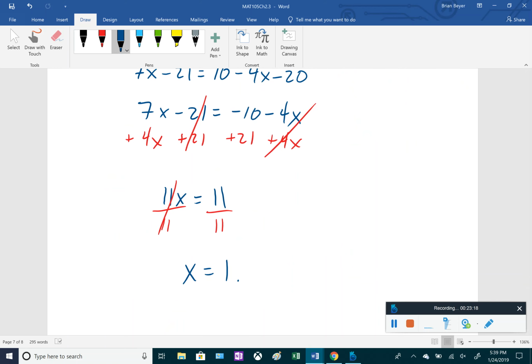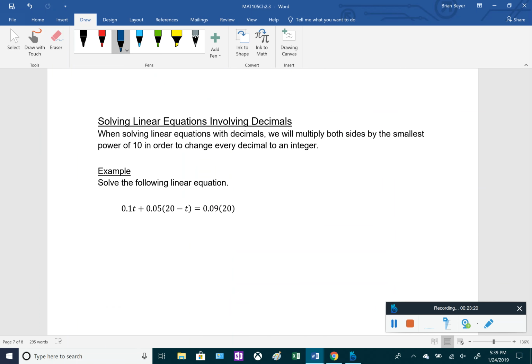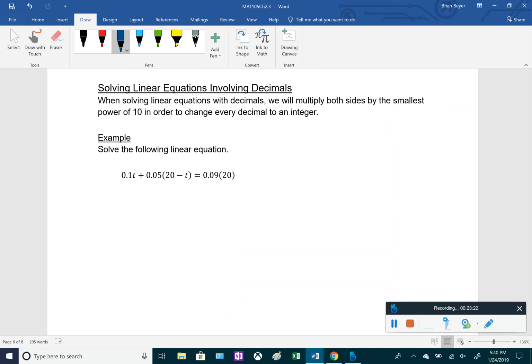Okay, so let's do one more concept here. Let's solve some linear equations with decimals. So far we have already worked with decimals inside linear equations. We can just add and multiply and subtract and divide decimals like we normally do. We're going to do it a little bit differently here, and in my opinion, this is a little bit easier.